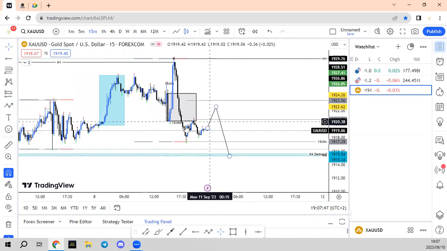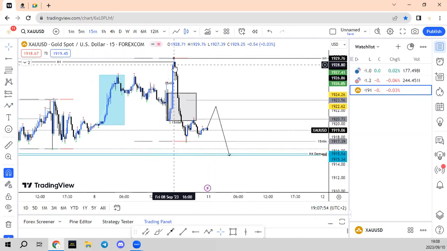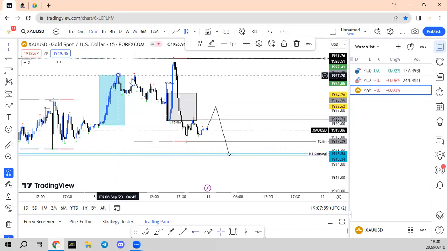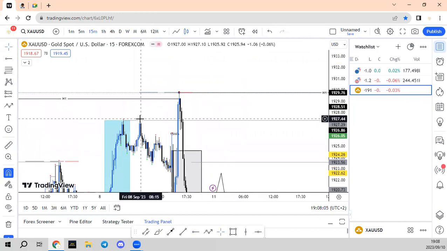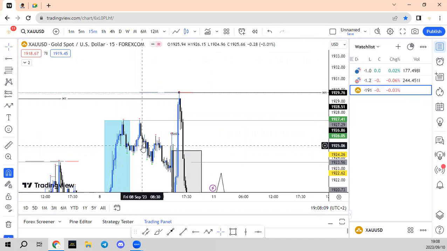Yeah, and we did try to sell here. It went down, but ultimately it took us out, because what I was waiting for on Friday was for the Asian high to get taken out. It did get taken out. Then after that, I formulated a sell around these areas here.